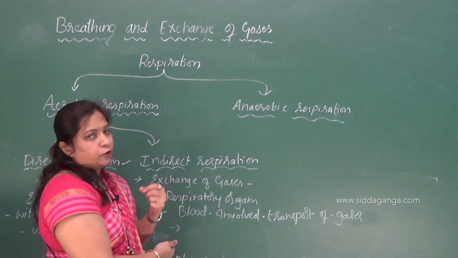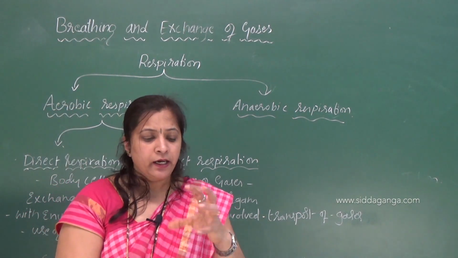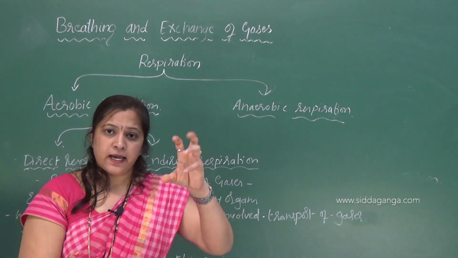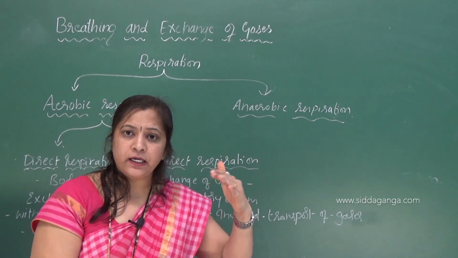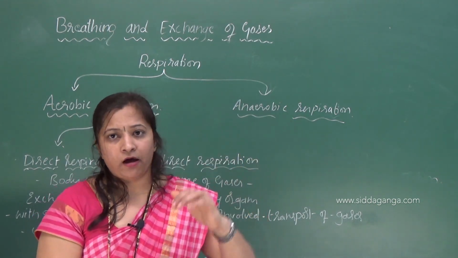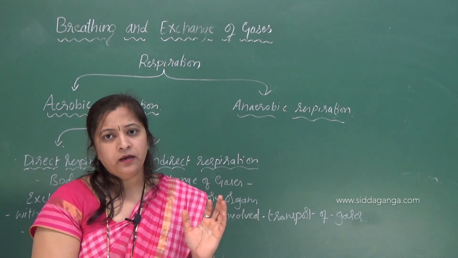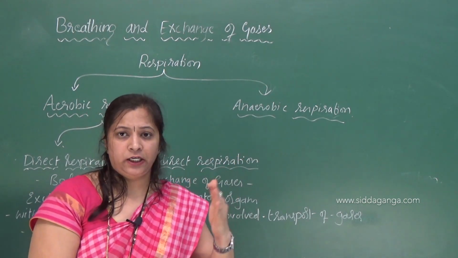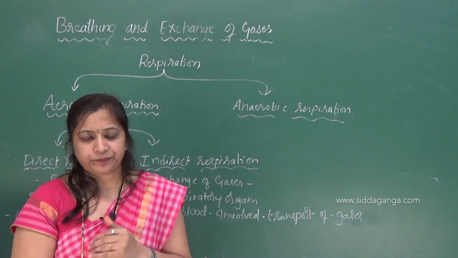For example, in human beings we have lungs for respiration. In the lungs, minute sac-like structures called alveoli are present. The atmospheric air will enter the alveoli, and through the wall of the alveoli the gases get exchanged between the blood and the alveoli.